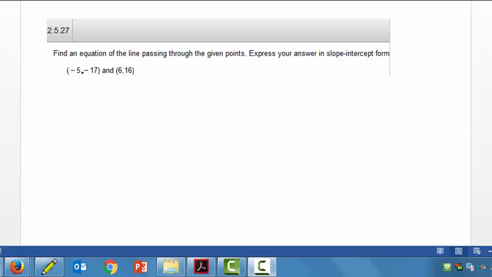All right, let's find an equation of the line passing through the given points. We want to express our answer in slope-intercept form. Well, we have 2 points. Whenever we are given 2 points and asked to find our line equation, our first step is to find our slope. And remember, each y is put in the numerator over its corresponding x.